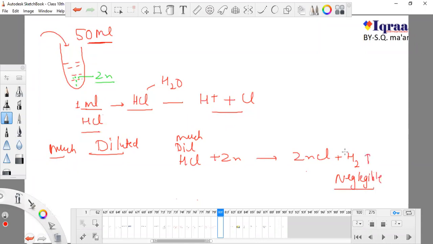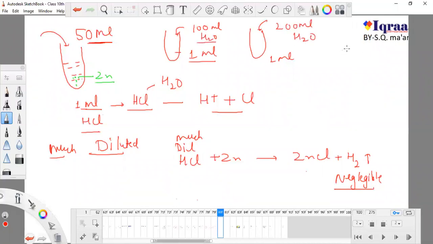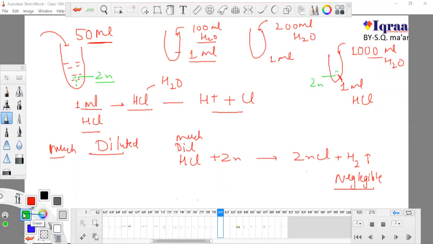of H2 will be released. Or if you dilute it more, with 100 ml of water and 1 ml of HCl, finally a time will come, if you dilute it with a much larger amount of water, say approximately 1 liter or 100,000 ml of water added to 1 ml of HCl, and when I put zinc granules into this, then there will be no reaction.